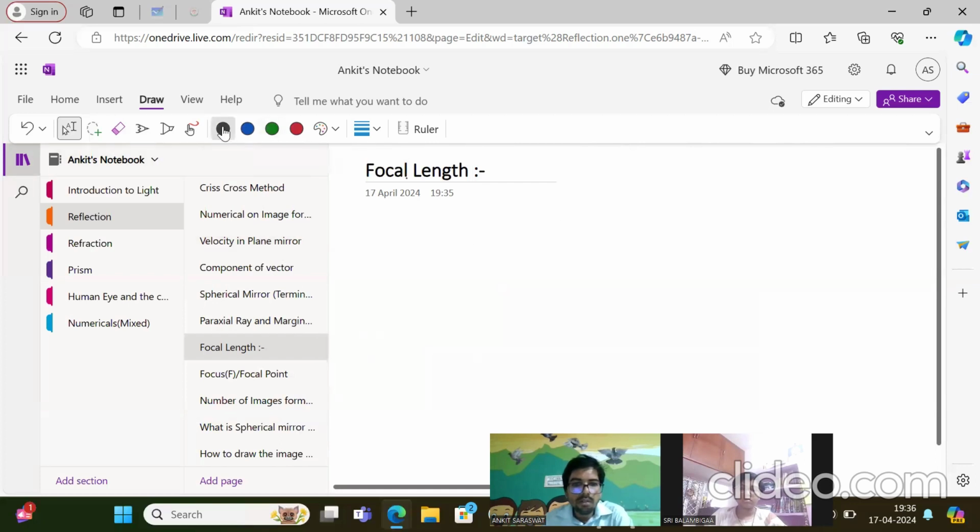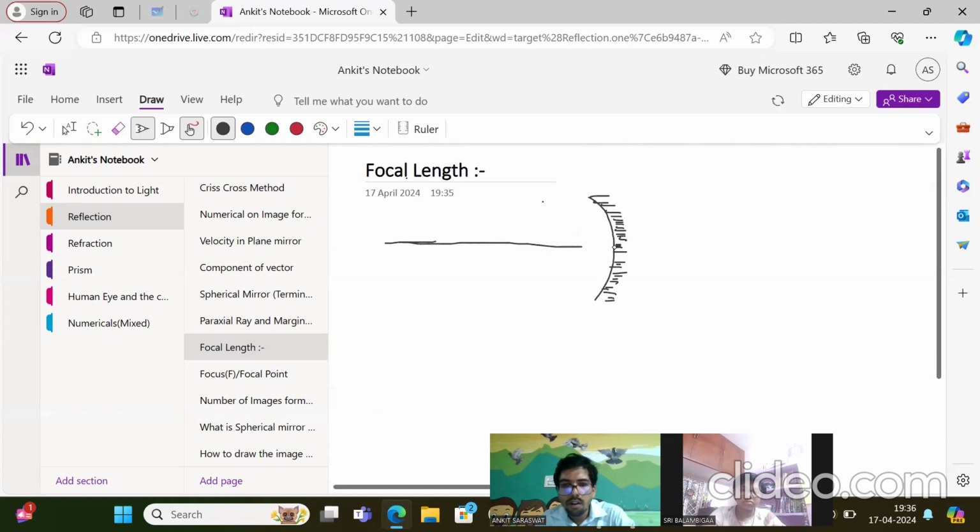If I draw a mirror like this, just understand that the focal length formula which I am deriving is valid for a concave mirror, whether it has large aperture or small aperture. Initially, I will not consider anything else.